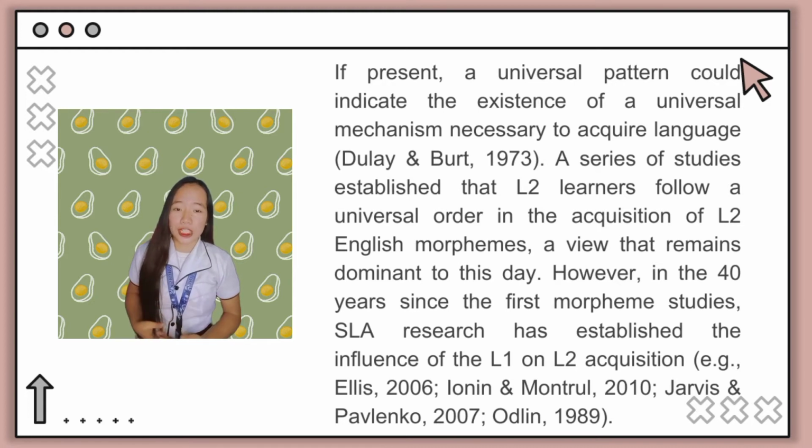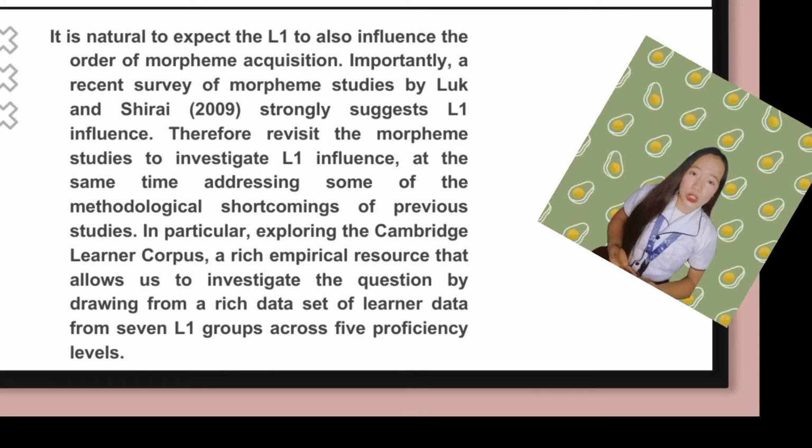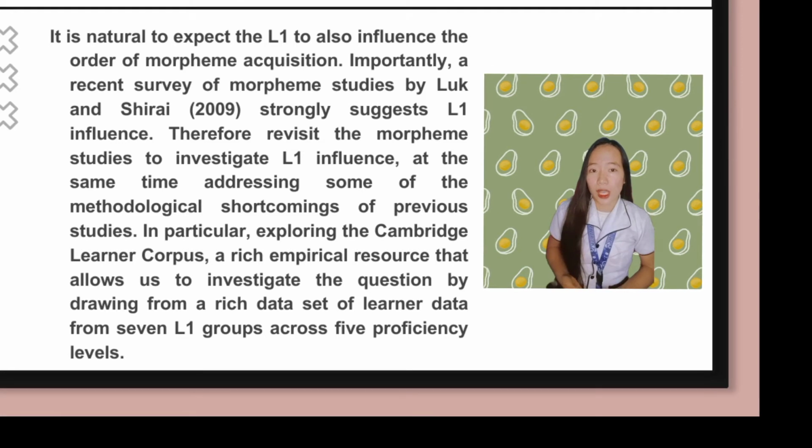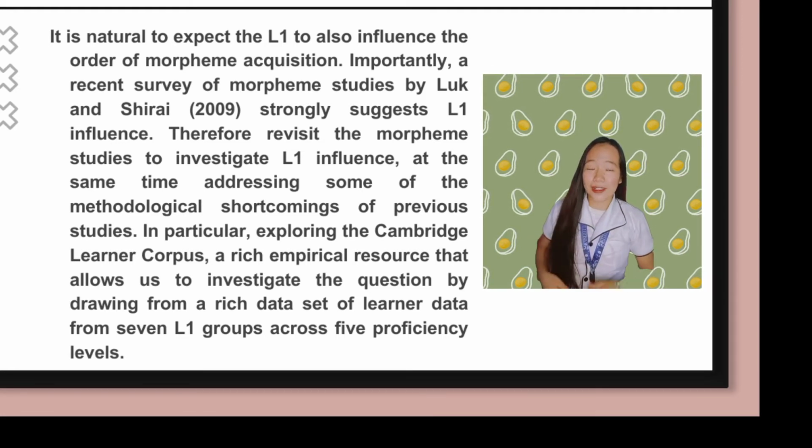However, in the 40 years since the first morpheme studies, SLA research has established the influence of the first language on second language acquisition. It is natural to expect the first language to also influence the order of morpheme acquisition. Importantly, a recent survey of morpheme studies by Luk and Shirai strongly suggests first language influence.